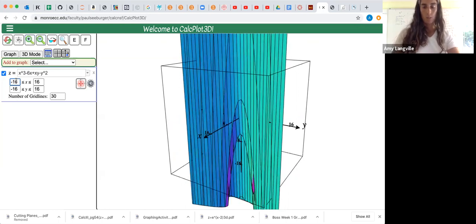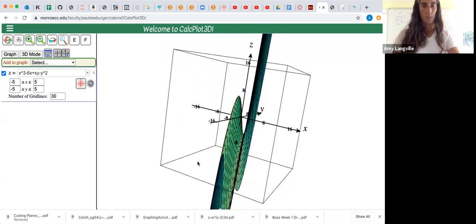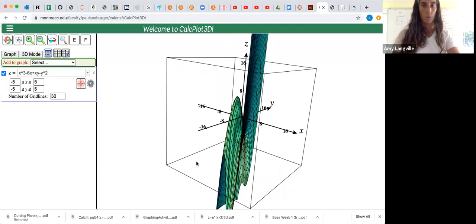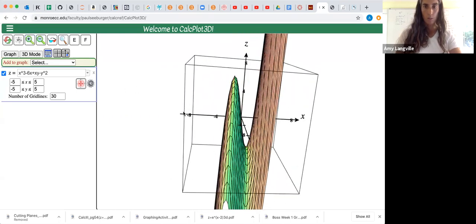Let's change this to like -5. Okay, so then we can see this surface, whoa, it's a pretty bizarre surface, huh? There we go.